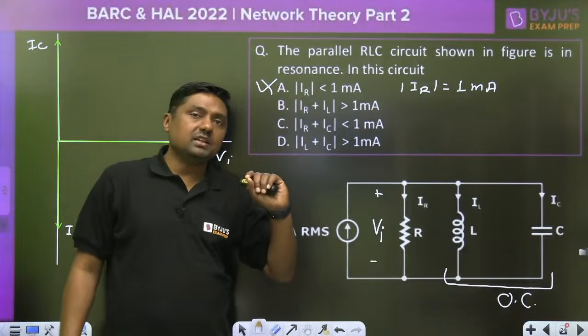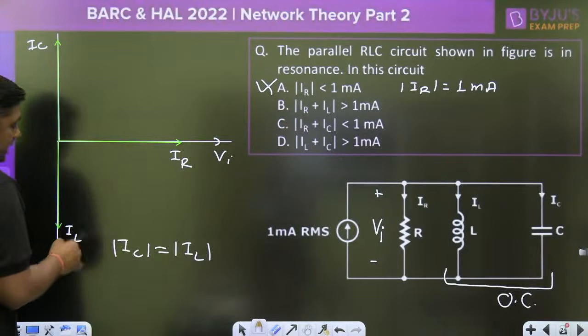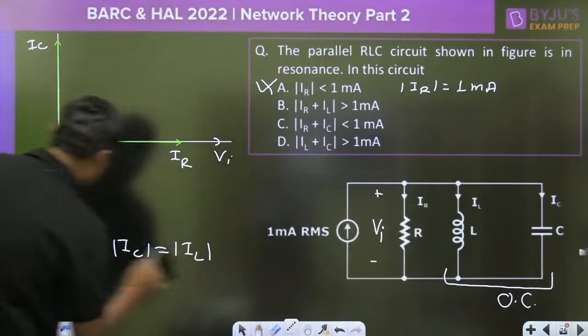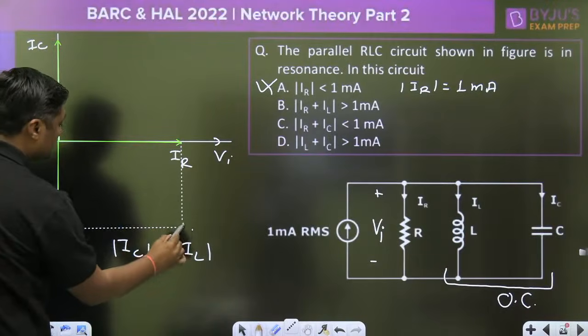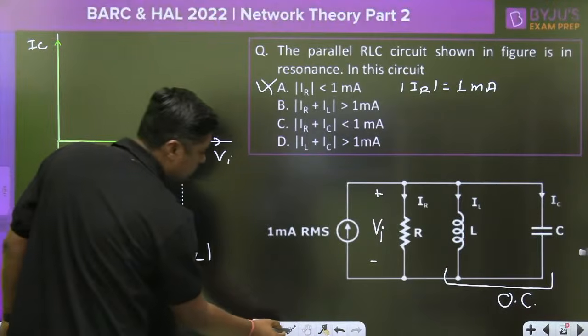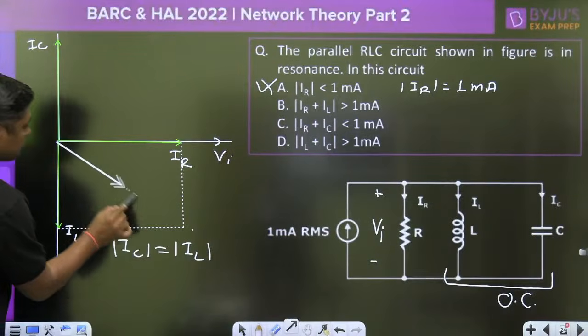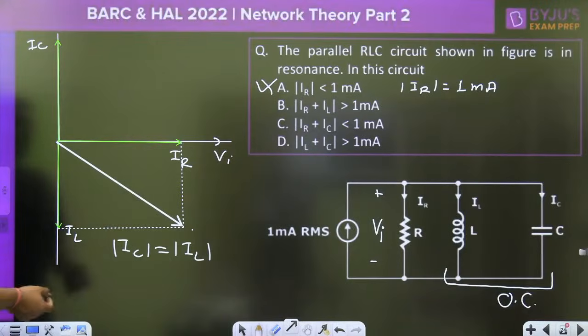IR plus IL greater than 1 milliampere. Yes, that is correct. Why? IR plus IL. What is the resultant? This is the resultant. Simply that is the resultant. Yes, this resultant is greater than 1 milliampere.